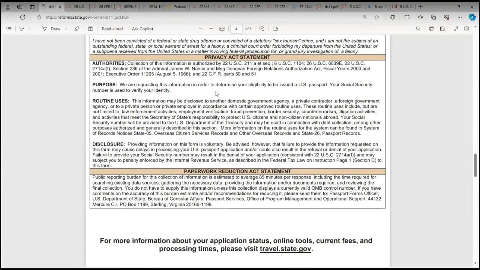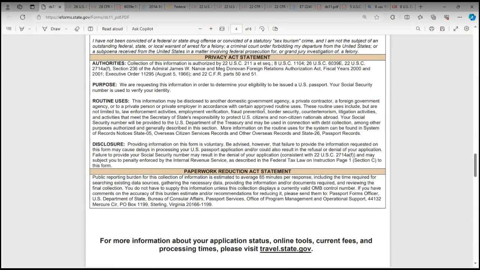This information may be disclosed to another domestic government agency, a private contractor, a foreign government agency, or to a private person or private employer in accordance with certain approved routine uses. These routine uses include, but are not limited to, law enforcement activities, employment verification, fraud prevention, border security, counterterrorism, litigation activities, and activities that meet the Secretary of State responsibility to protect U.S. citizens and non-citizen nationals abroad.